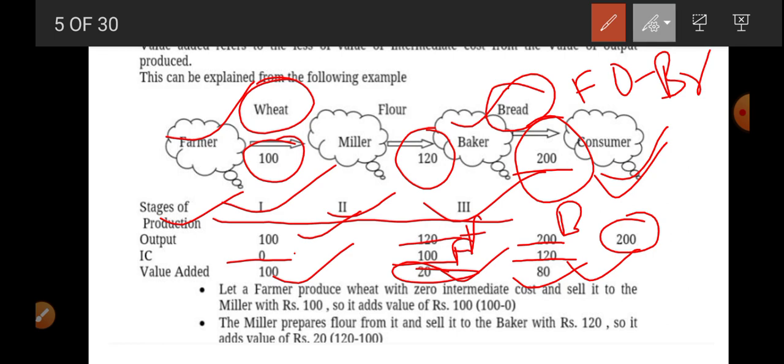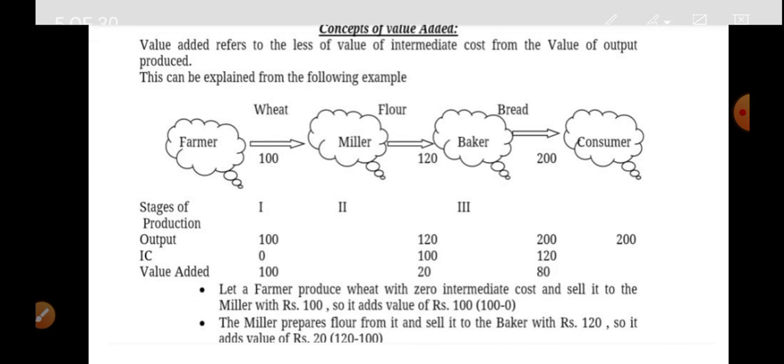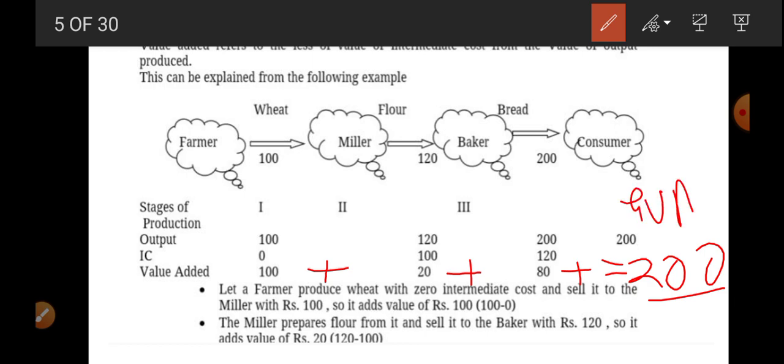When we add these, 100 plus 20 plus 80, what do we get? We get 200. So this is the GVA MP. Okay, when we add the contribution of all production units, that is known as GVA MP.